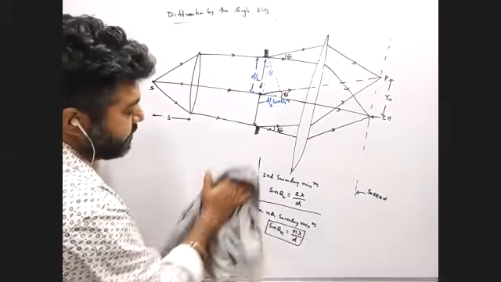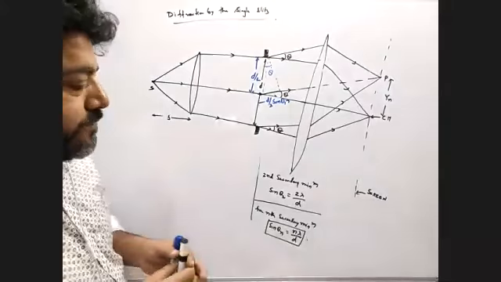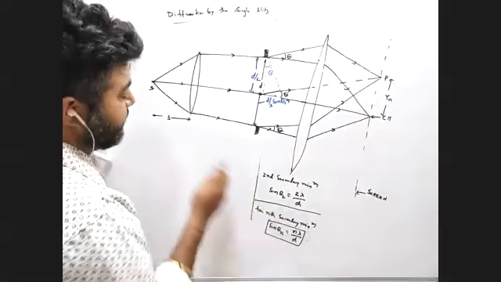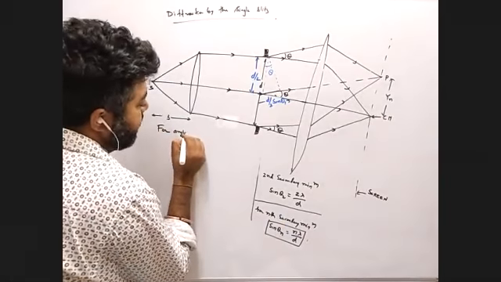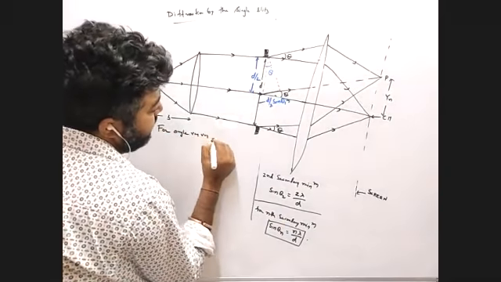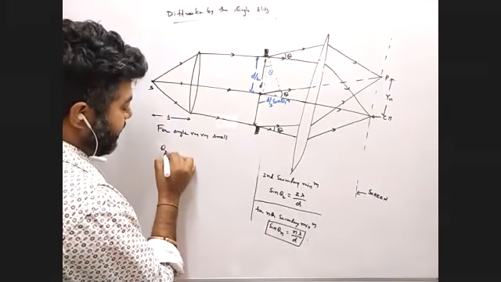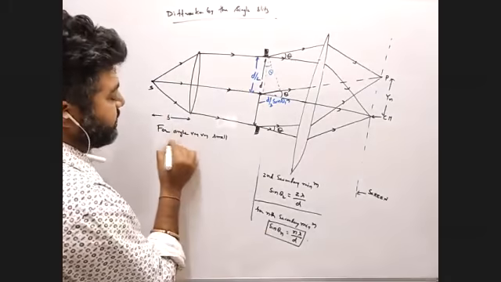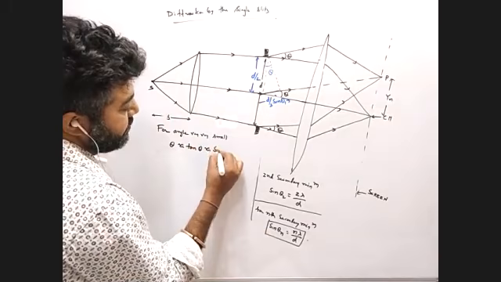Now see this sine theta 1: for very, very small angles, you can use sine theta as theta, that is, theta is nearly equal to tan theta, which is nearly equal to sine theta.